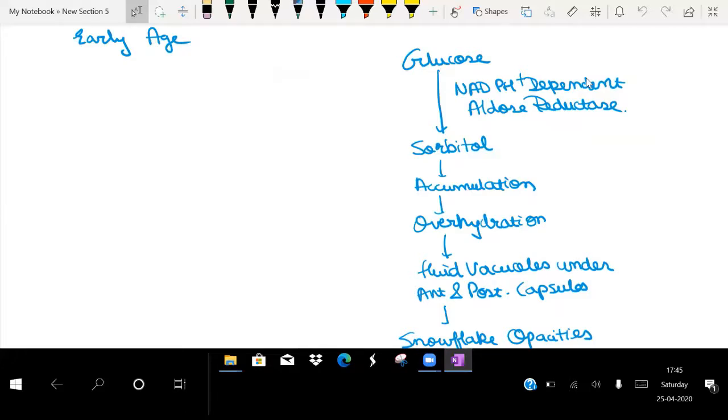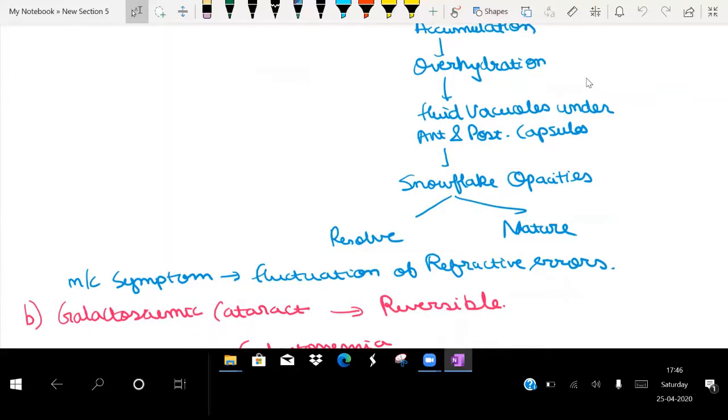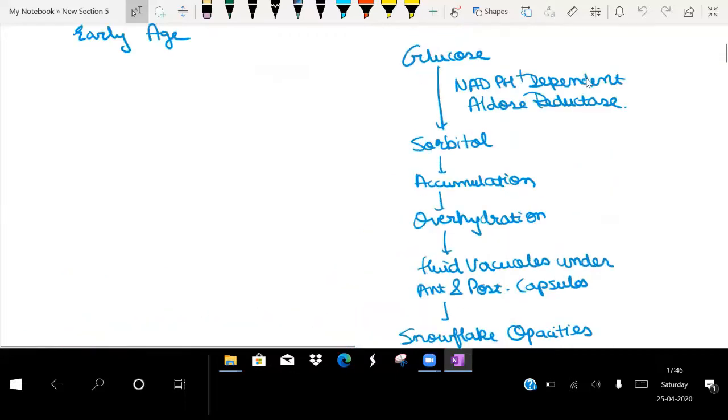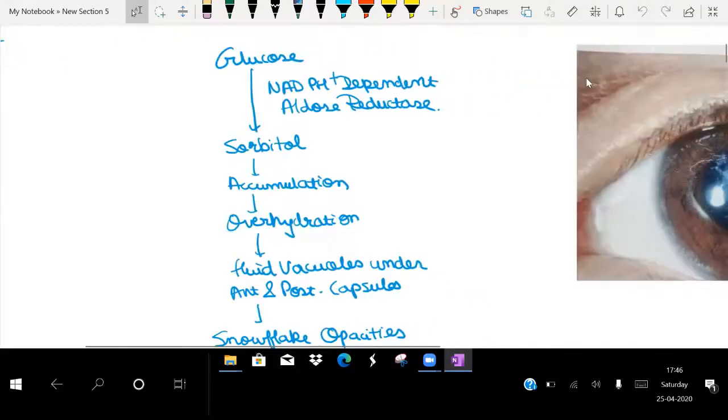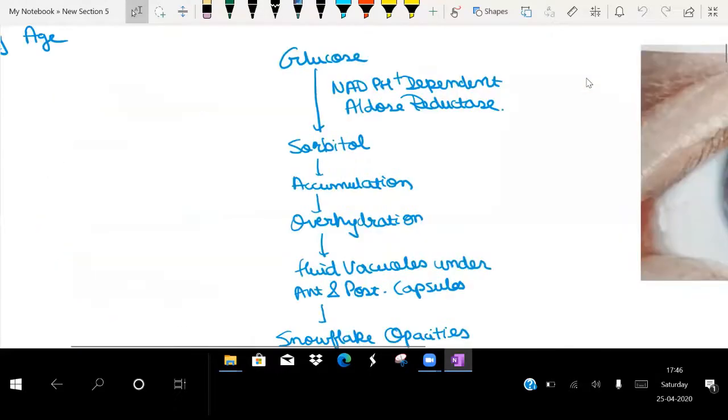Overhydration will lead to fluid vacuoles under the anterior and posterior capsules, leading to snowflake opacities, which may either resolve or mature. The most common symptom here is fluctuation of refractive errors, so a change in the number of the spectacles. Here we can see the image of the snowflake opacity seen in the diabetic cataract.